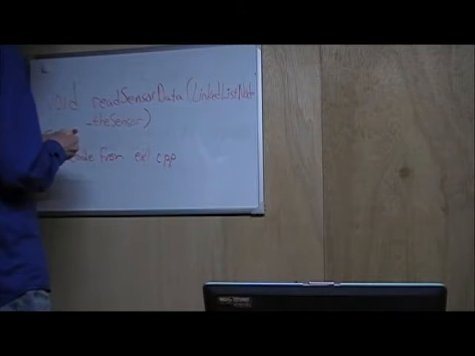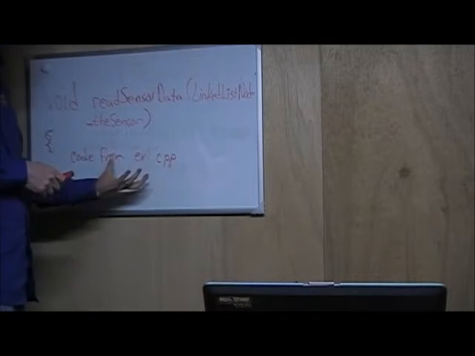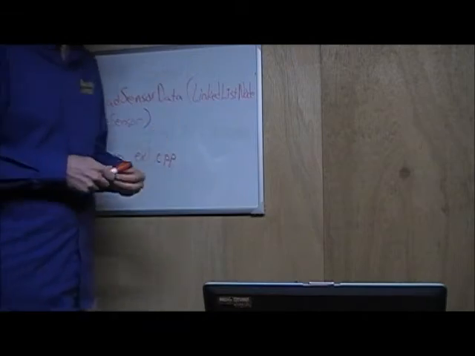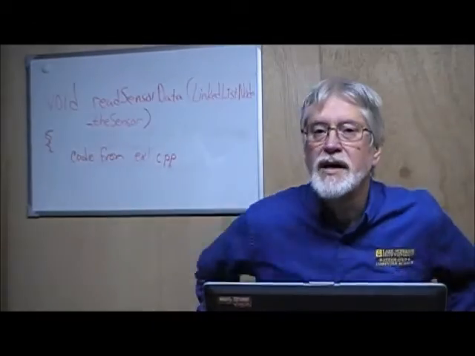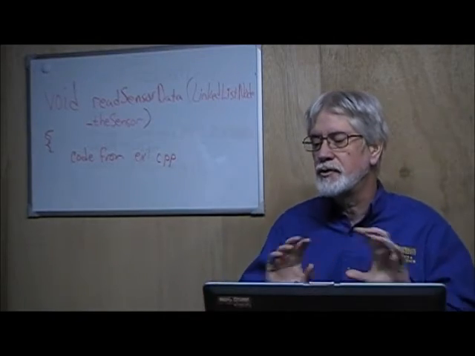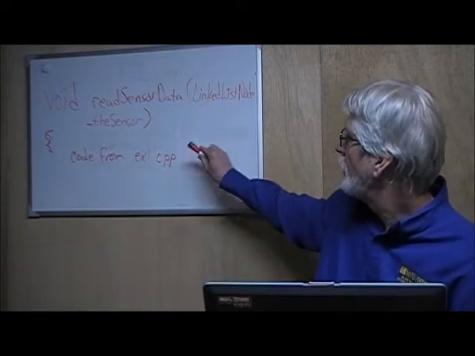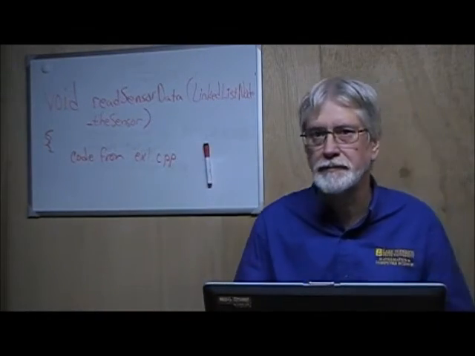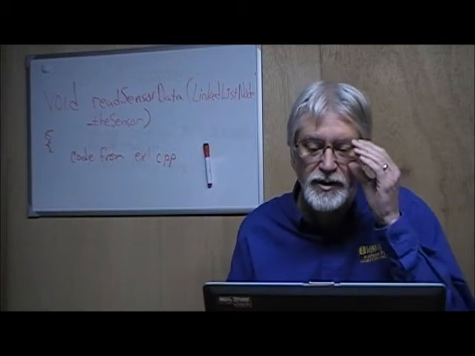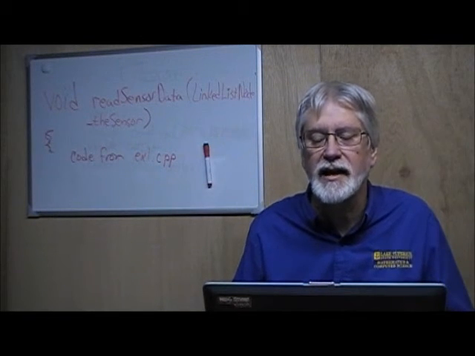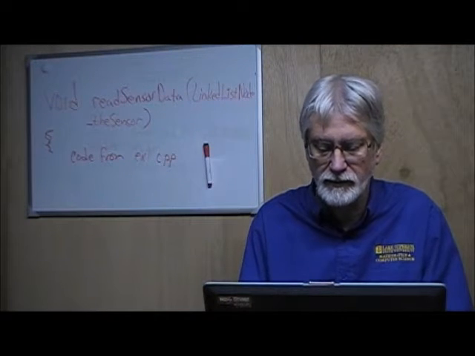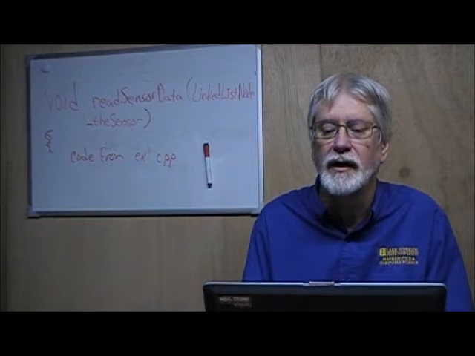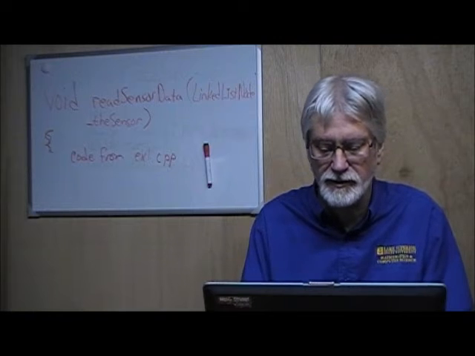So I'm just going to create this from that initial ex1.cpp code that you have. So you should have typed that in already, you should have compiled it, ran it, saw what was going on there. Okay? So now, I've copied that data out, I've got a linked list node as my parameter. I'm going to call that the sensor.